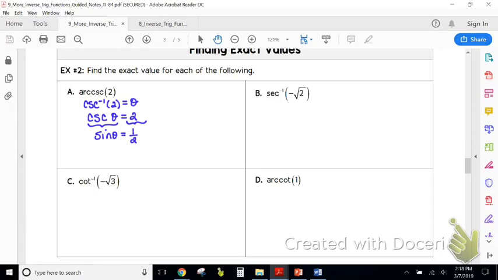So, we got to think about a couple things, though. We're looking at the inverse cosecant, which, what quadrants are my answers going to come from? 1 and 4, okay? The only difference between it and its reciprocal sine, they're both in 1 and 4, but for the arc cosecant, 0 is not included.